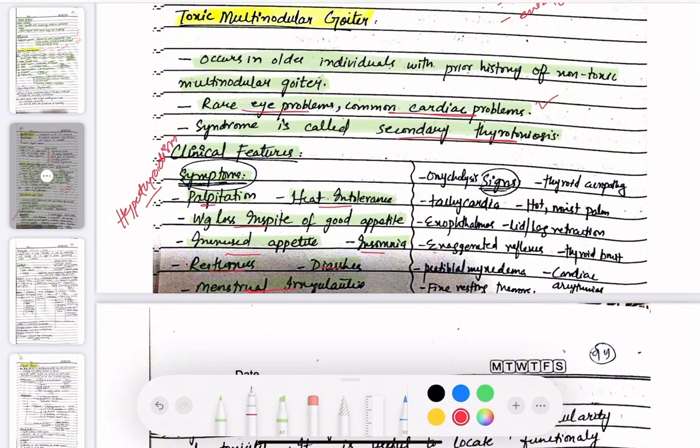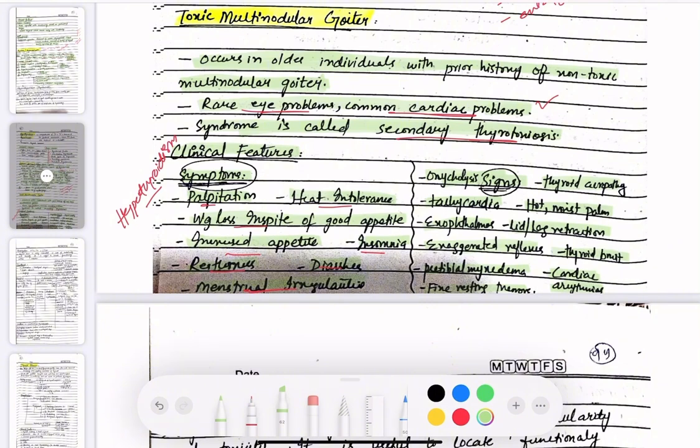These are the symptoms. The signs are tachycardia, exophthalmos, exaggerated reflexes, pretibial myxedema, fine resting tremors, thyroid ophthalmopathy, hot moist palm, lid retraction, thyroid bruit, and cardiac arrhythmias. These signs and symptoms are important for examination, especially in case of hyperthyroidism.